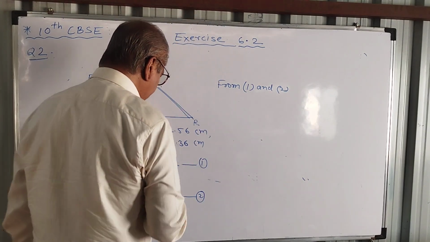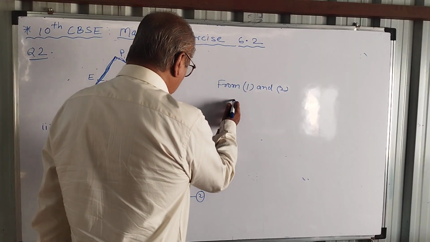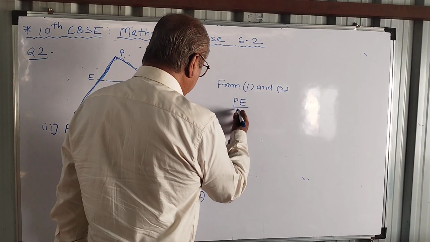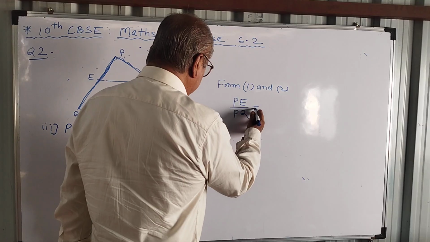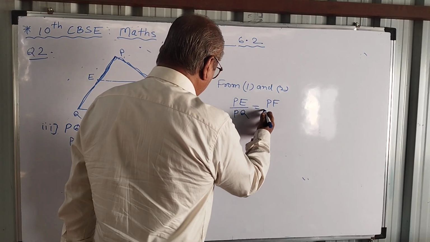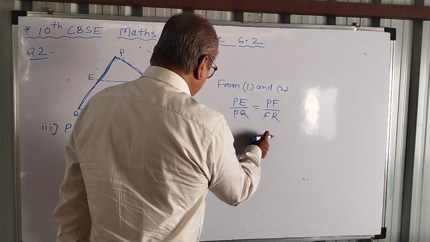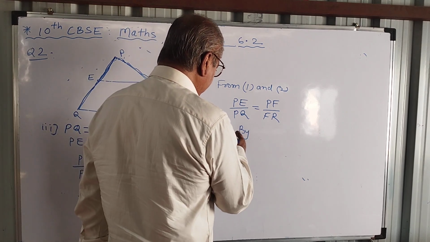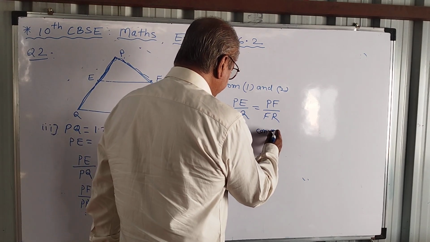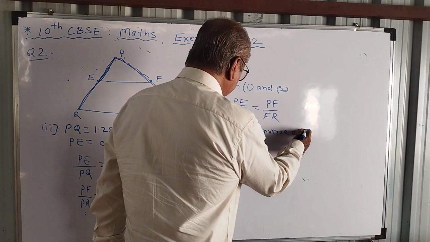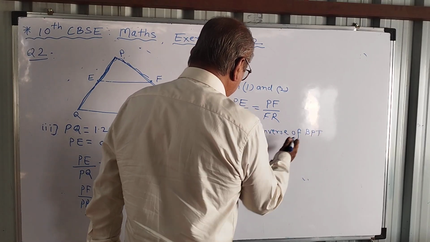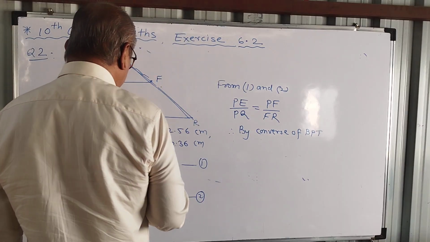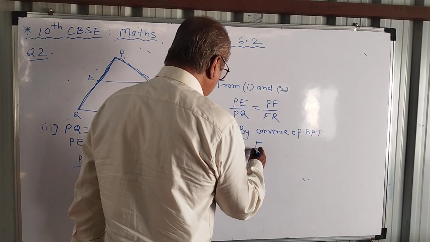So from 1 and 2 I can write PE upon PQ is equal to PF upon PR. As both the ratios are equal, by converse of BPT I can write EF is parallel to QR.